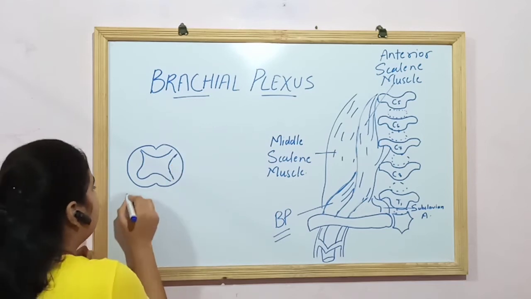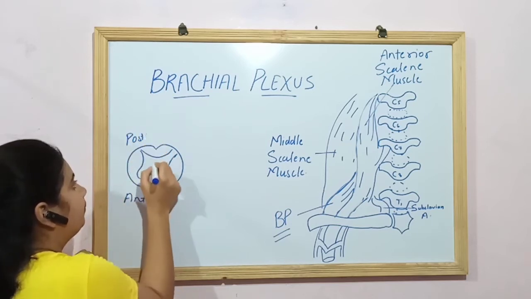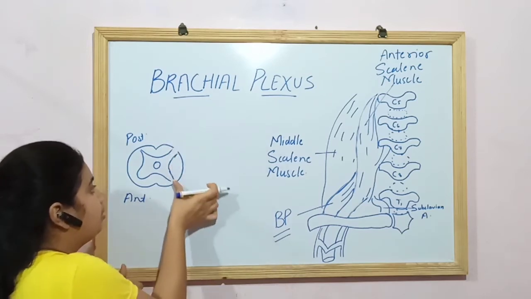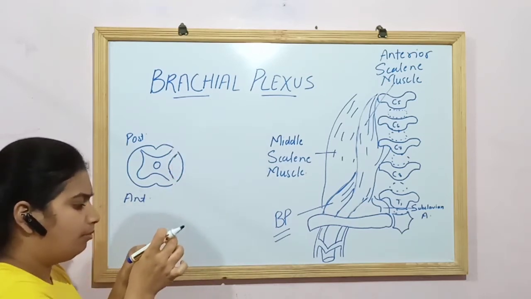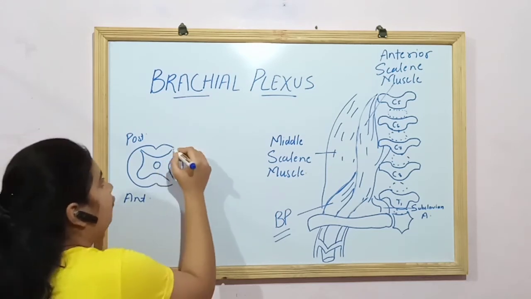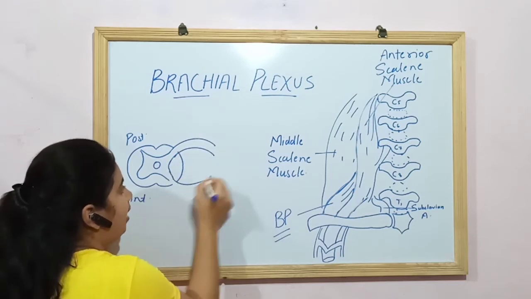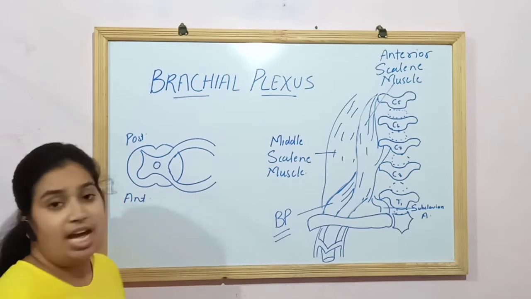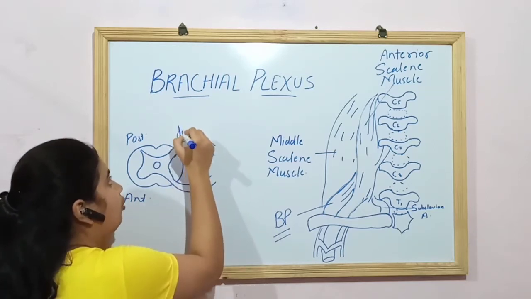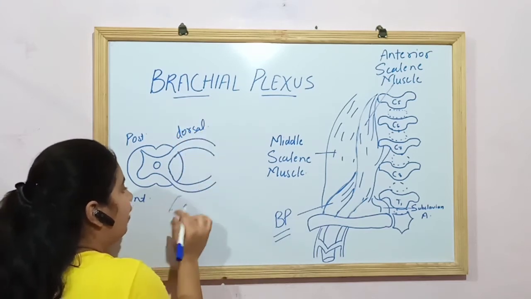This is your grey matter, this is your anterior part and this is your posterior part. Okay, so these two roots are arising likewise. From here there is a dorsal root, and from here a ventral root. So this is your dorsal root or posterior root, and this is your ventral root.